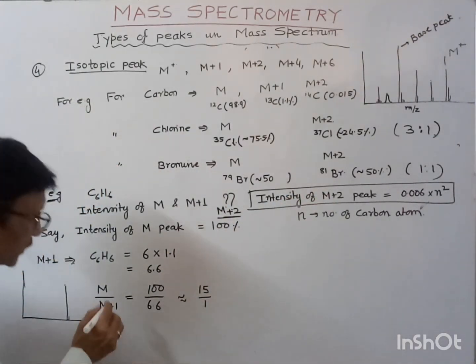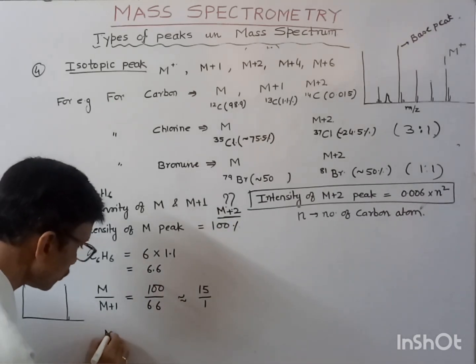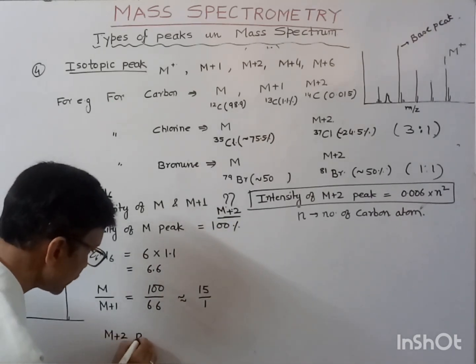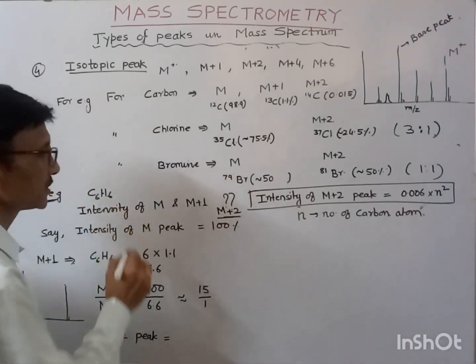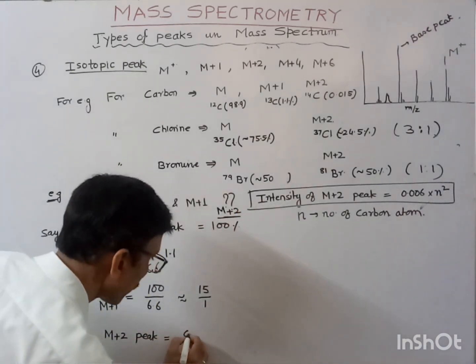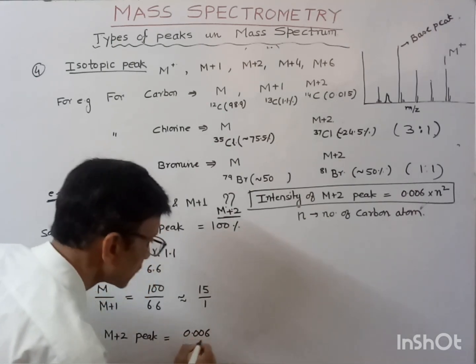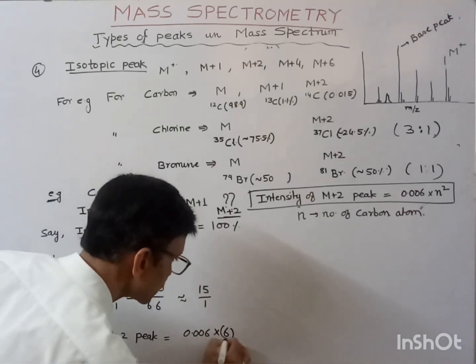So the intensity of the M plus 2 peak is equal to how much? 6 carbons are present, so 0.006 multiplied by 6 squared.